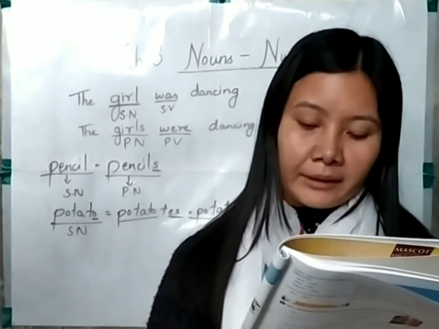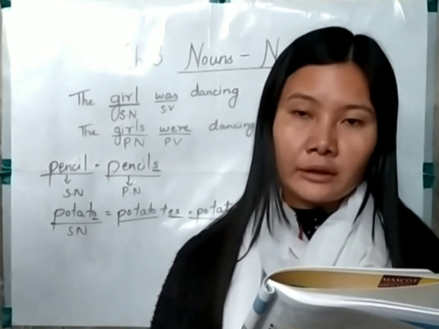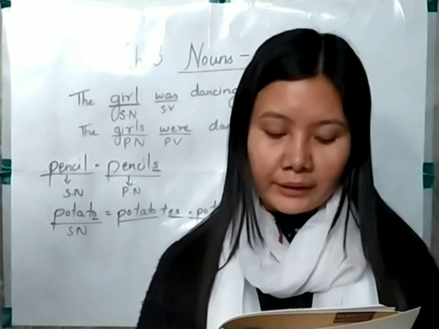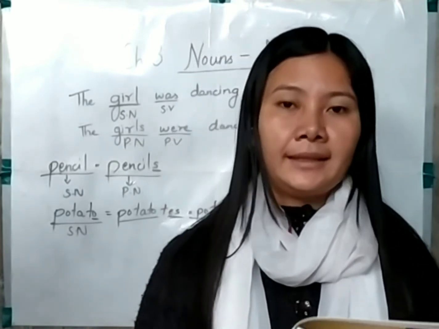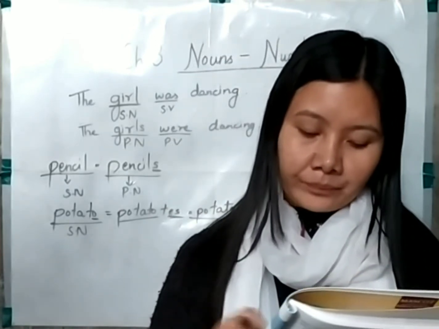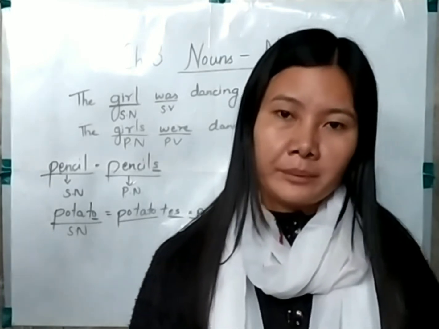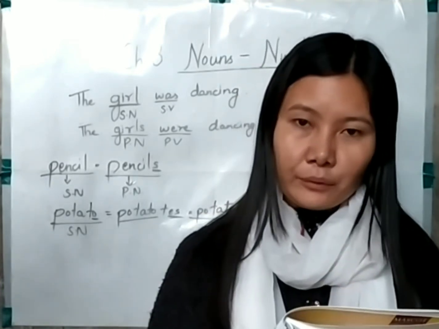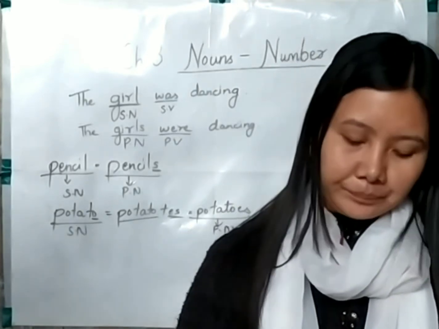This is also applicable if the singular noun ends in s. Look at your book and you'll see the noun bus, ending with the letter s. We form its plural by simply adding es behind the letter s, that is buses.